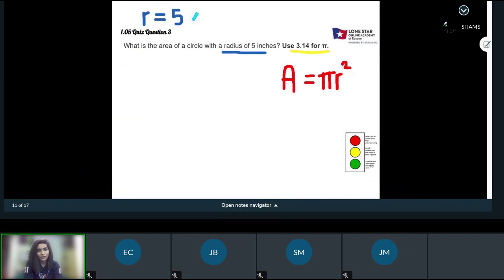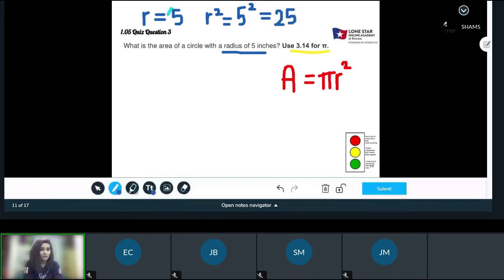Therefore, if you want to find radius squared, you will do 5 squared. And 5 squared means 5 times 5. That is 25. 5 times 5, that is 25. Let me know if there are any questions so far, because I did see one person does not have a right answer.